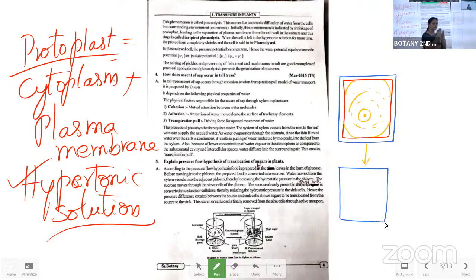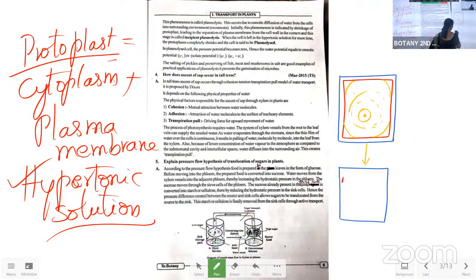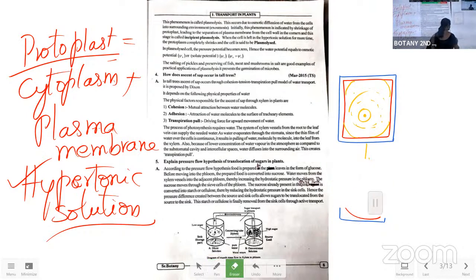Plasma membrane has to surround the cytoplasm. It should not be detached from the cytoplasm, na? So now the plasma membrane also starts shrinking and surrounds the cytoplasm.